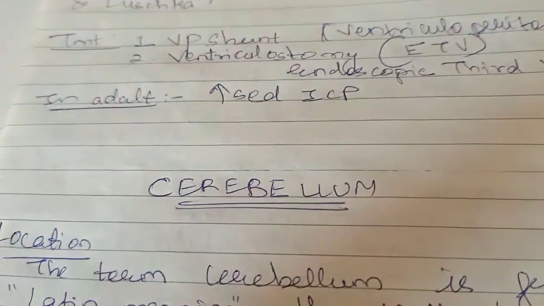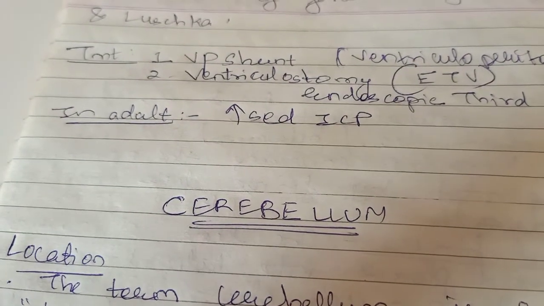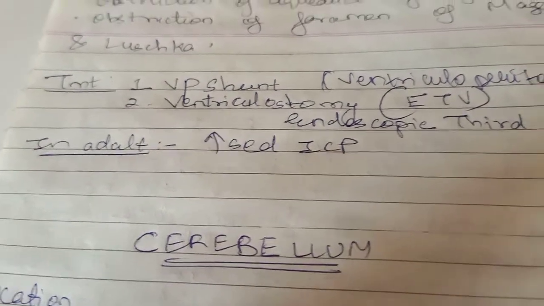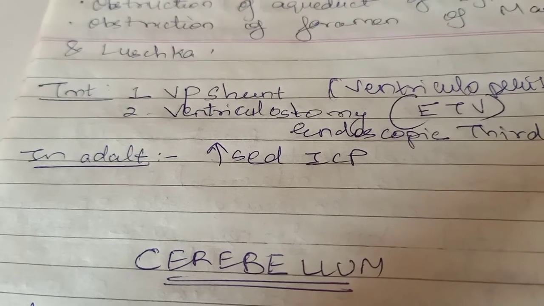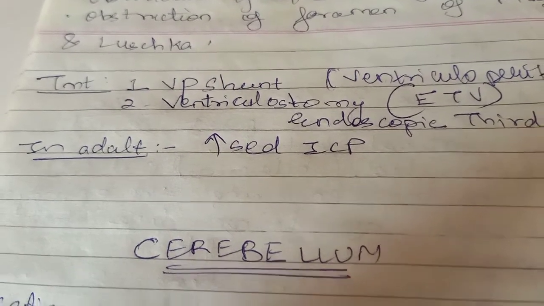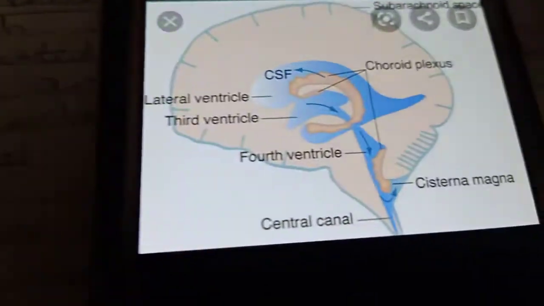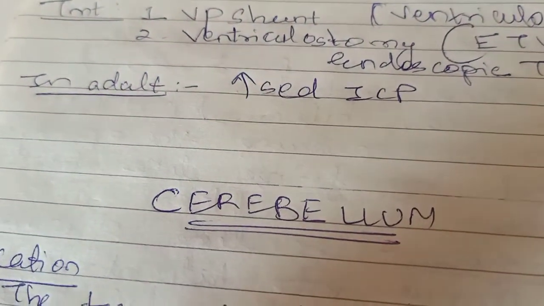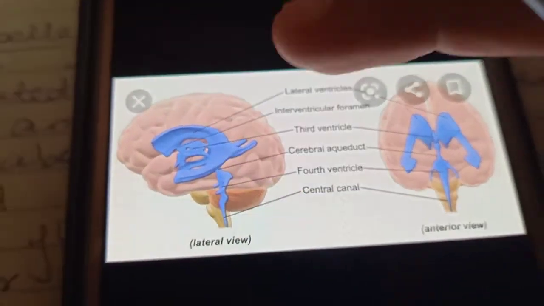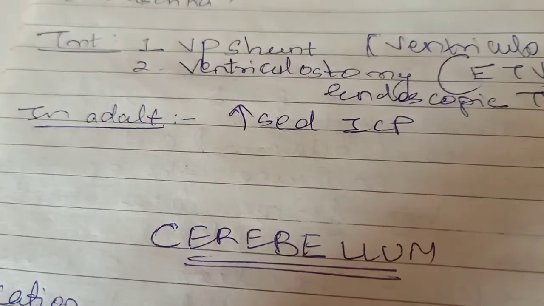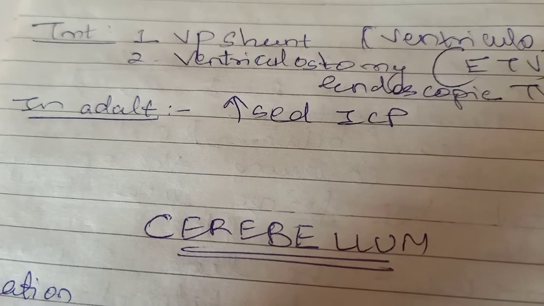This is a very important clinical aspect of the lateral ventricles. Please remember this. Now you all know this is the flow of CSF, from the lateral ventricle to the interventricular foramen of Monro.